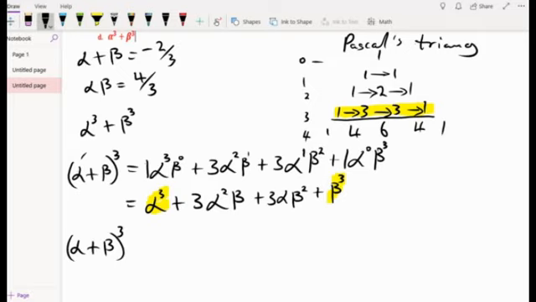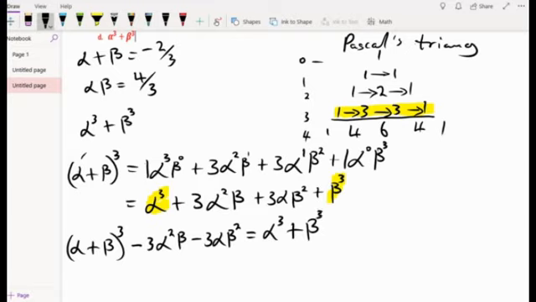That is minus 3 alpha square beta minus 3 alpha beta square. This will be equal to alpha cube plus beta cube. Okay, we are getting close to it.